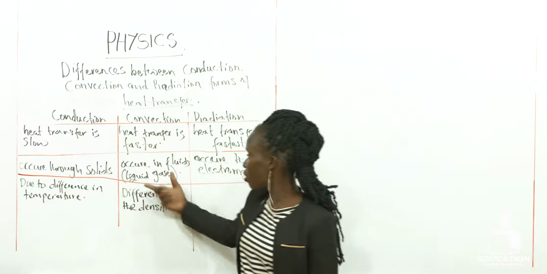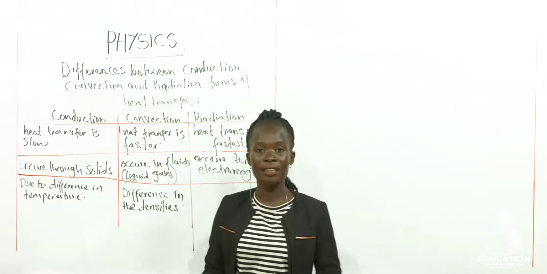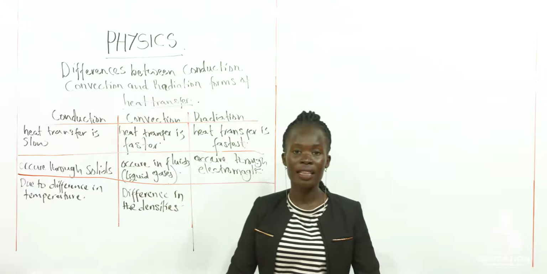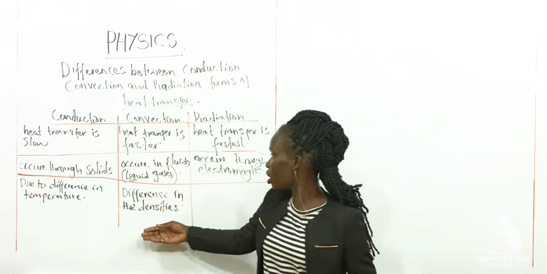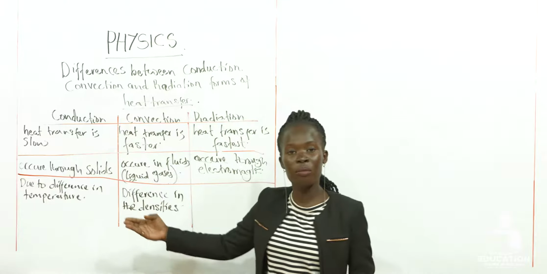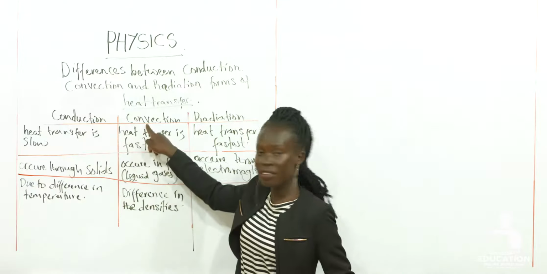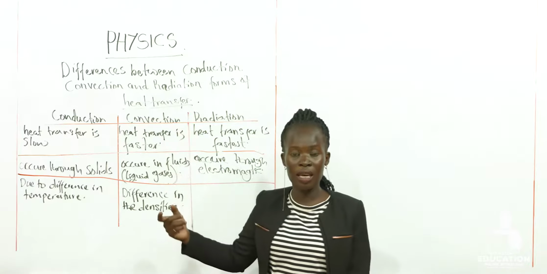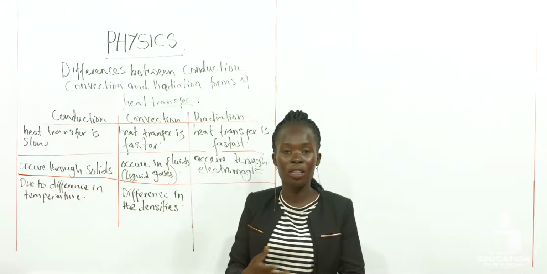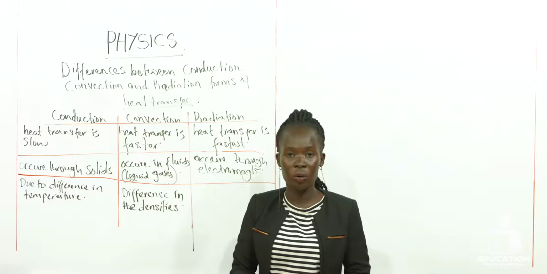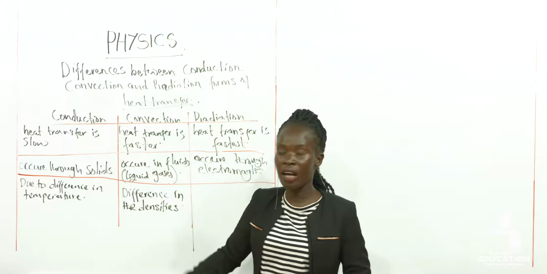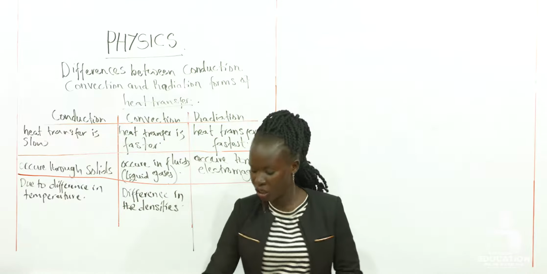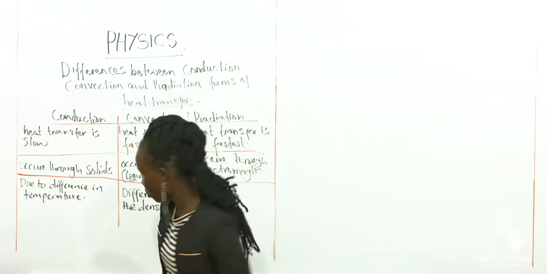But what of radiation? Do we need direct contact? No. We are saying that convection occurs because of movement. We said V stands for movement. So this V here, the movement between the molecules of a liquid, will be the one to cause the heat transfer in convection.